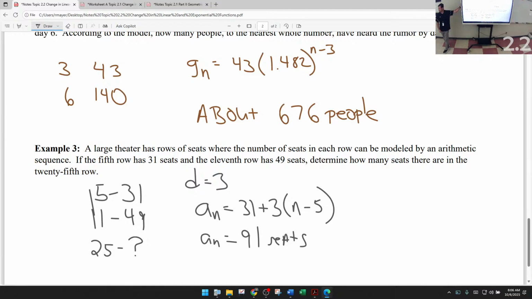Gotta get my stick. You don't know about this stick yet.